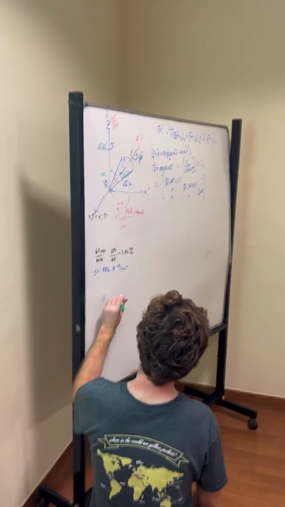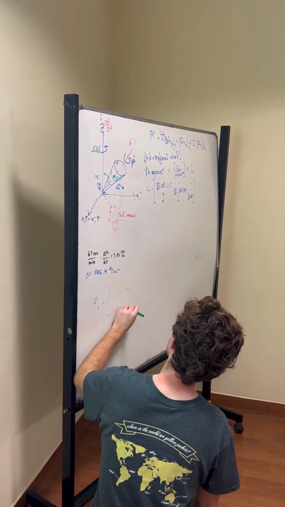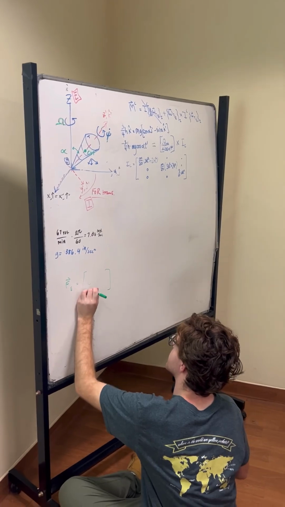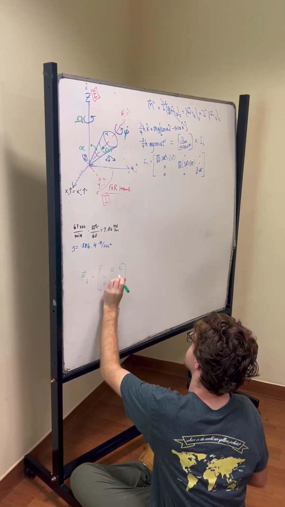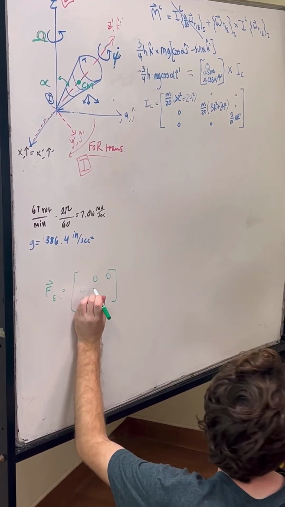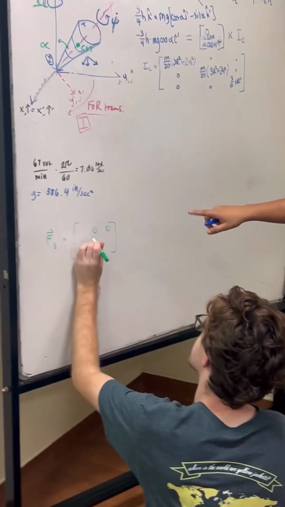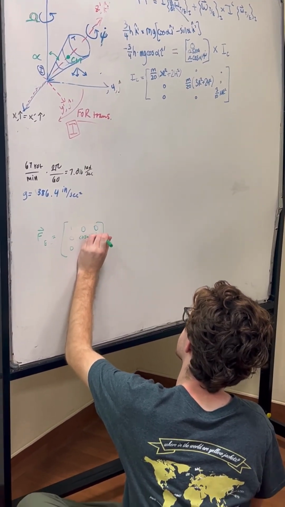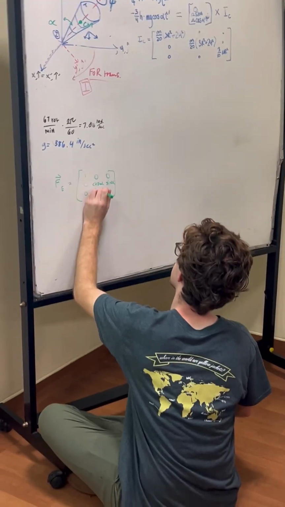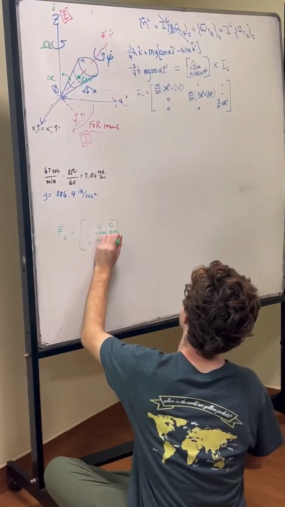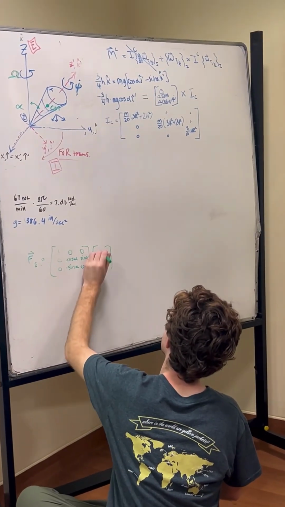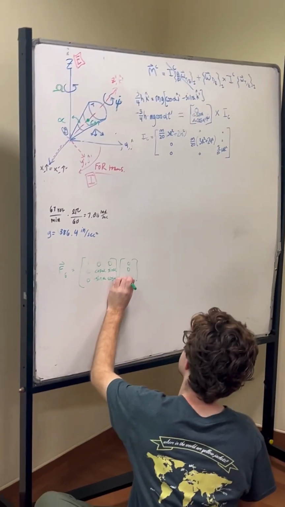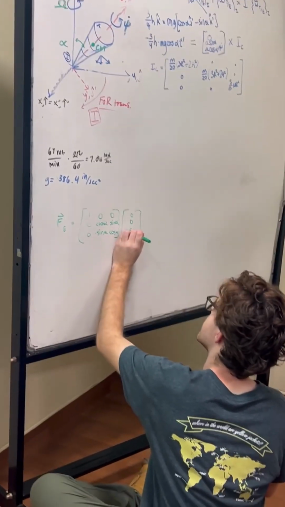So we know the rotation matrix you had before. Can you remind me what it was? One at the top, and then cosine alpha, sine alpha, negative sine alpha, cosine alpha. Okay. And then now, one, negative f.